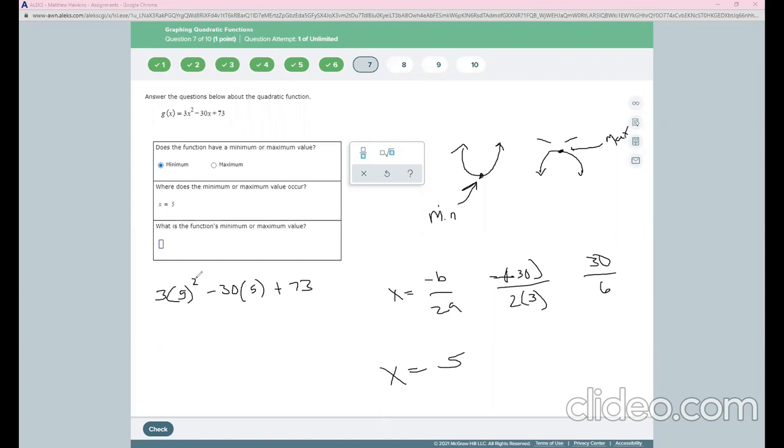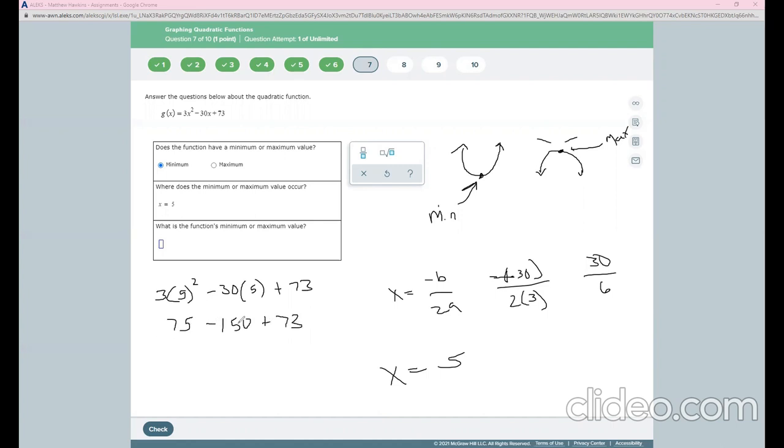I'm going to do some PEMDAS. It says 5 squared. Remember, when you square, you take the number and multiply it by itself. So 5 times 5 is 25. And then 25 times 3 is 75. And then 30 times 5 is 150, so it's negative 150. And then it says plus 73.